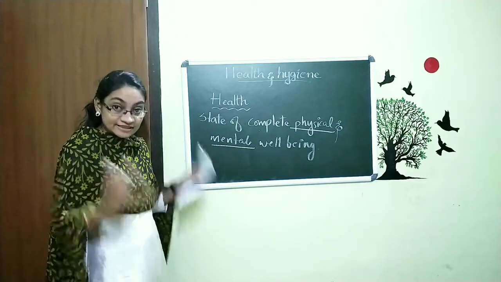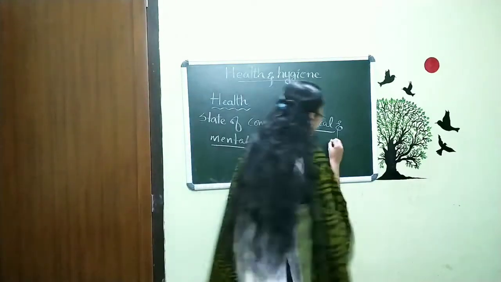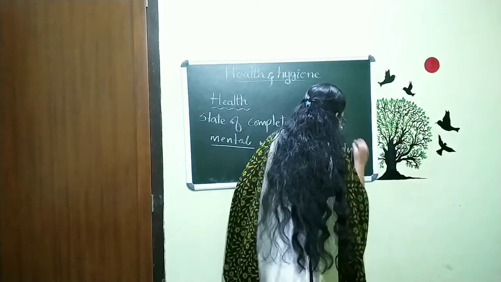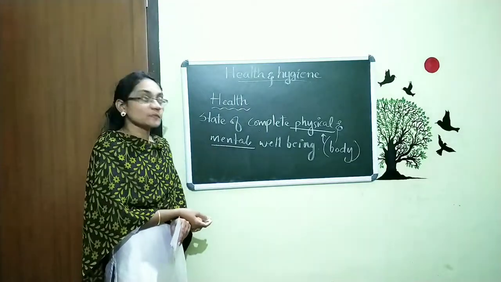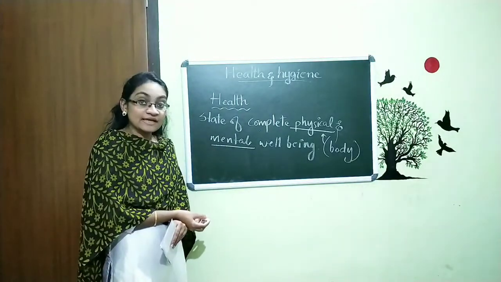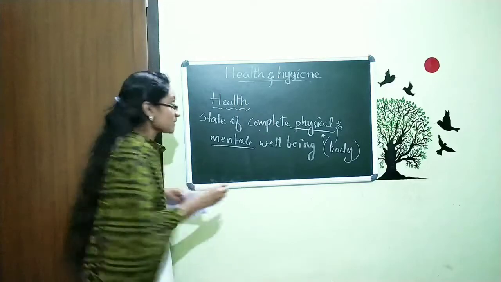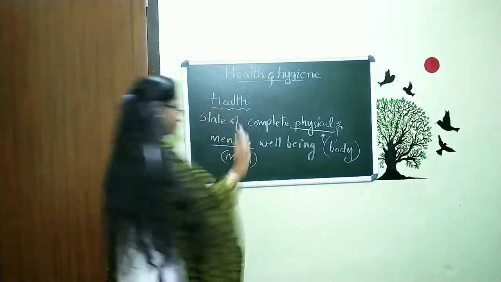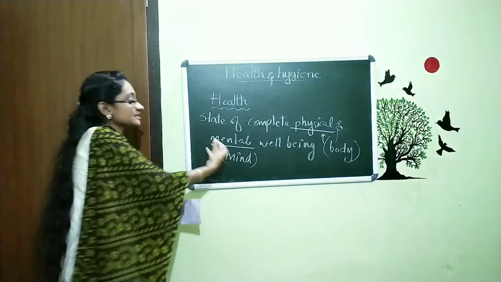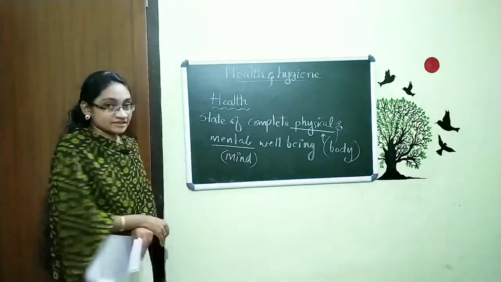Physically means related to the body. That is, the person is fit with his body. And what about mentally or mental? It means he has to be fit according to his mind. That means he is happy with his mind.